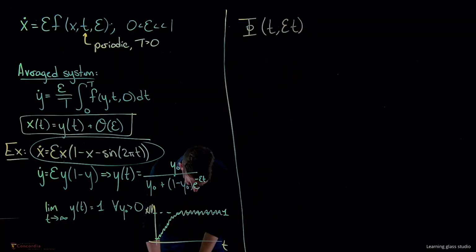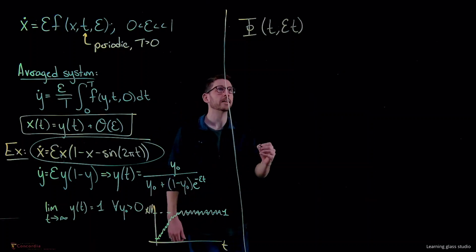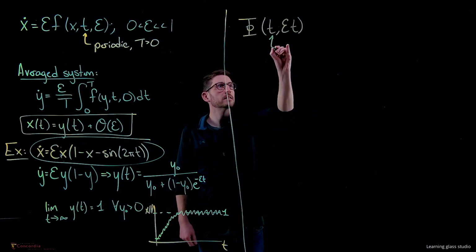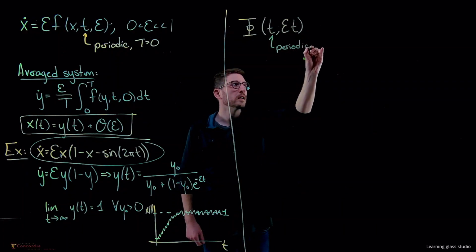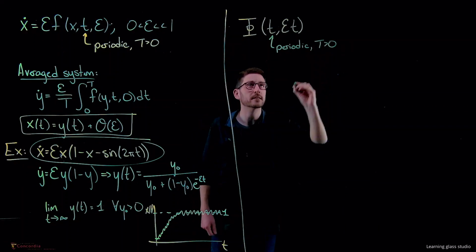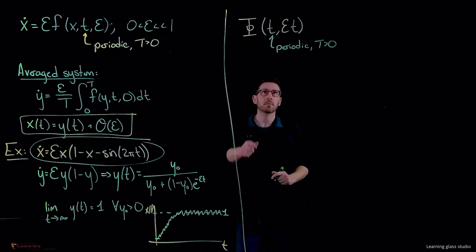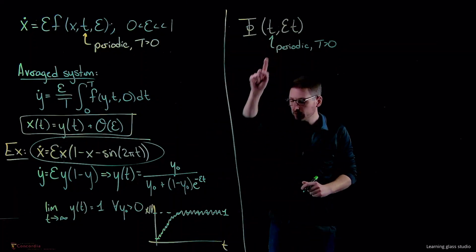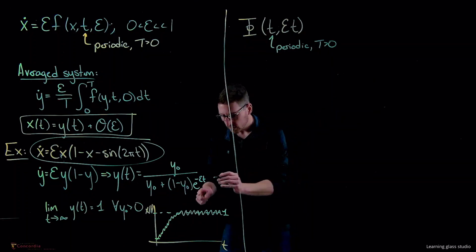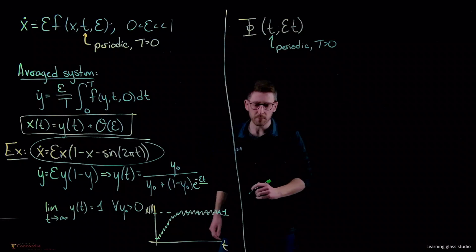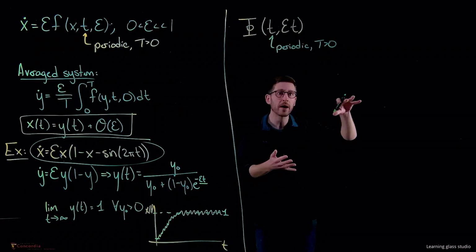And what I mean by looks like this is it's periodic in what we'll call the fast component, but it has a slow background drift. This is exactly what we saw with the solution right here. The epsilon t right here represents a slow background drift.